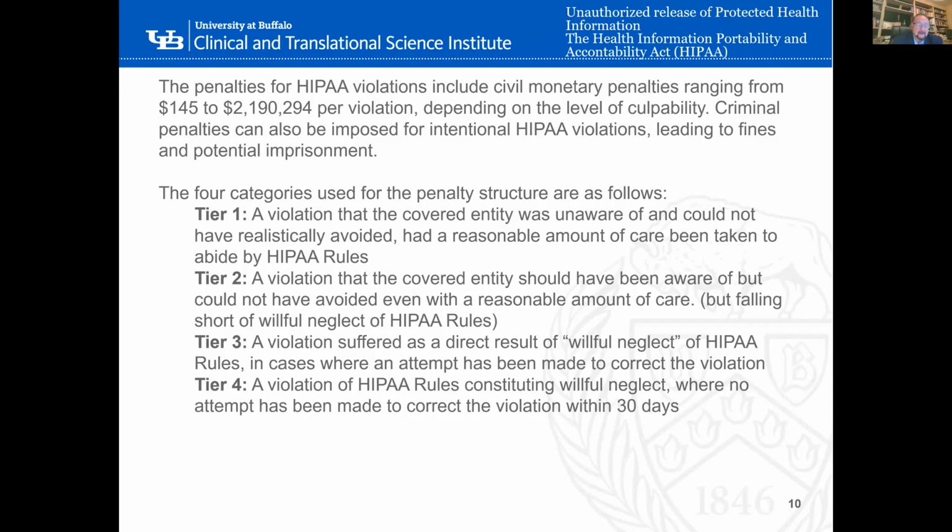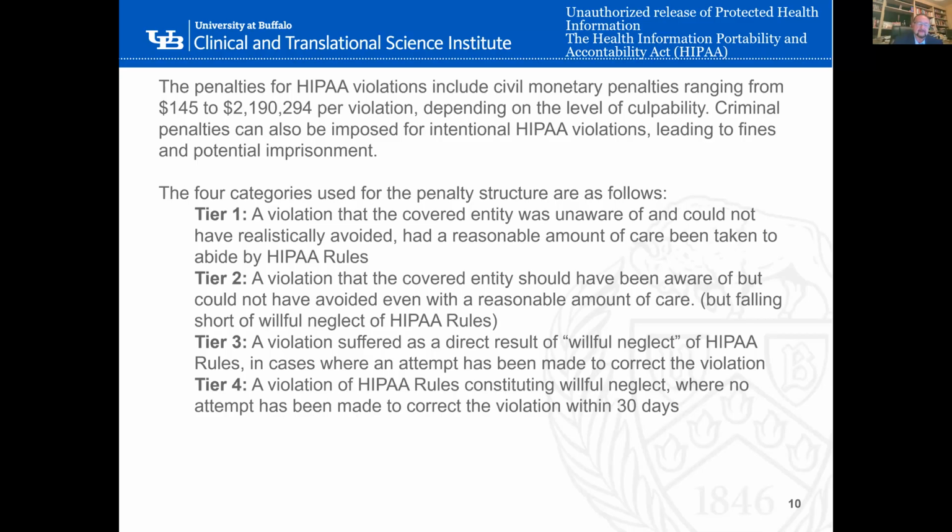If they're trying hard, but it happened anyway, someone hacked into a site, nobody could have seen it coming, you're kind of in tier one. In tier two, you had a problem like you didn't put patches on your software when you were supposed to, and so you had a violation and people were able to hack your system and get the data. That's like a tier two.